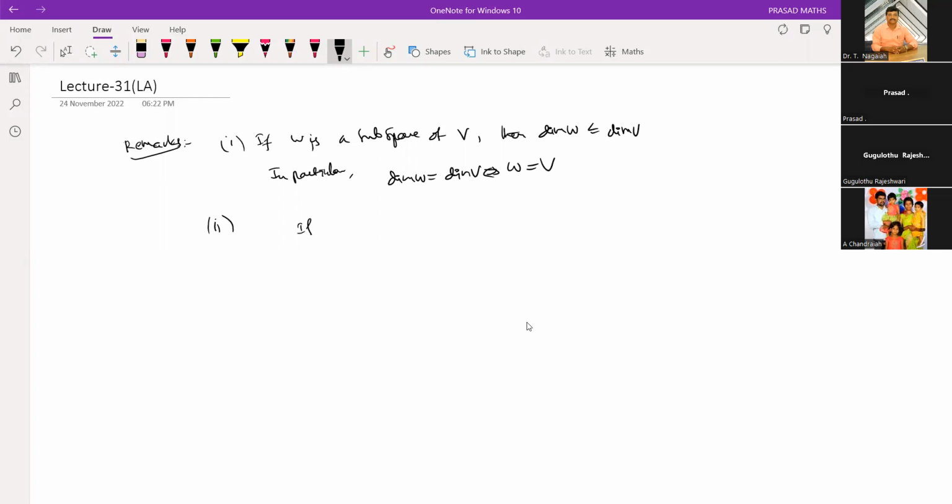Continuing with this, suppose you have two subspaces W1 and W2 of a vector space V. Look at the idea: the intersection of subspaces W1 and W2 is again a subspace, and it is a subspace of W1 as well as of W2.